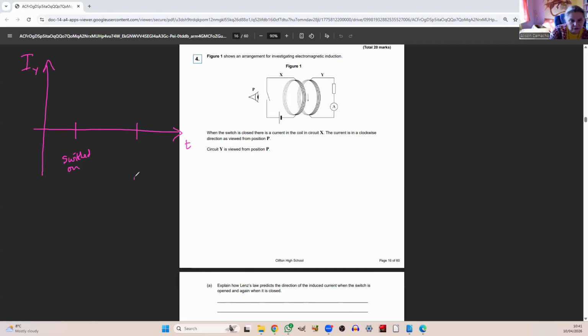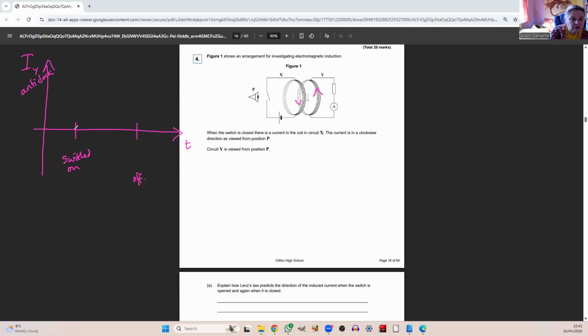If we say that the current going in the anti-clockwise direction is positive, when the current in X is switched on, we're going to get an anti-clockwise current in Y, but only for a little while.